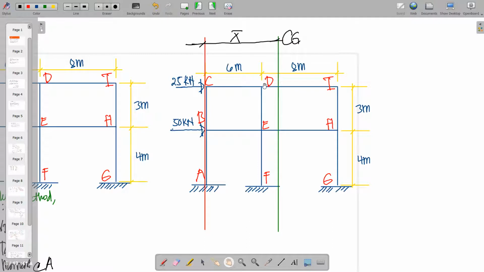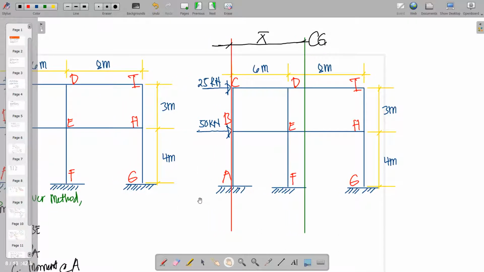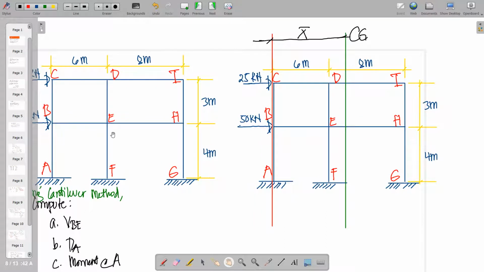On our previous problem, the first problem on the cantilever method, it so happened that the structure was symmetrical, but this time it is unsymmetrical because we have a different base span here.